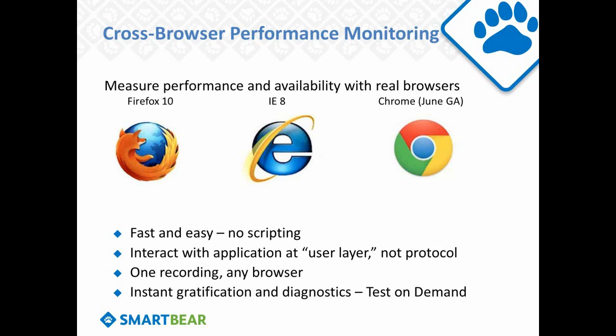And one recording recorded in DejaClick will play back in any browser. And finally, we're supporting our test on demand, which is our ability to execute any transaction right now from any location and watch it play back screen by screen on your desktop. We're supporting that for the cross-browser capabilities as well.